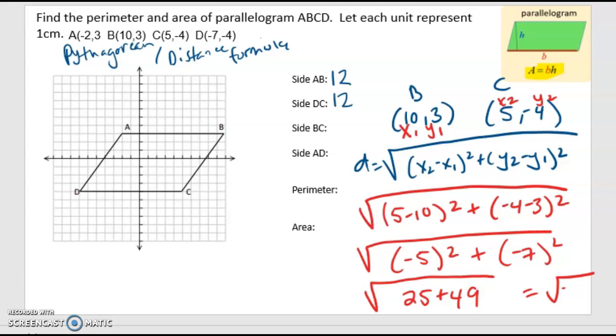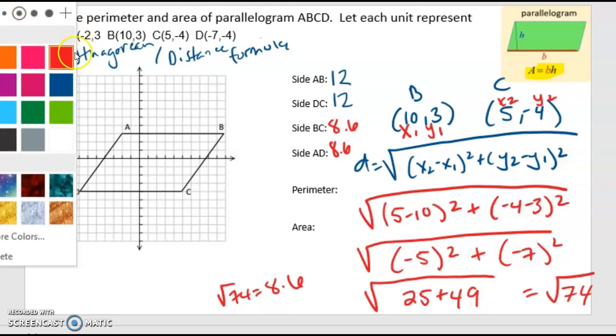And if I hit that double arrow button in a calculator, I'll find that the square root of 74 is 8.6. So that means that side BC is 8.6, and because it's a parallelogram, side AD is 8.6.